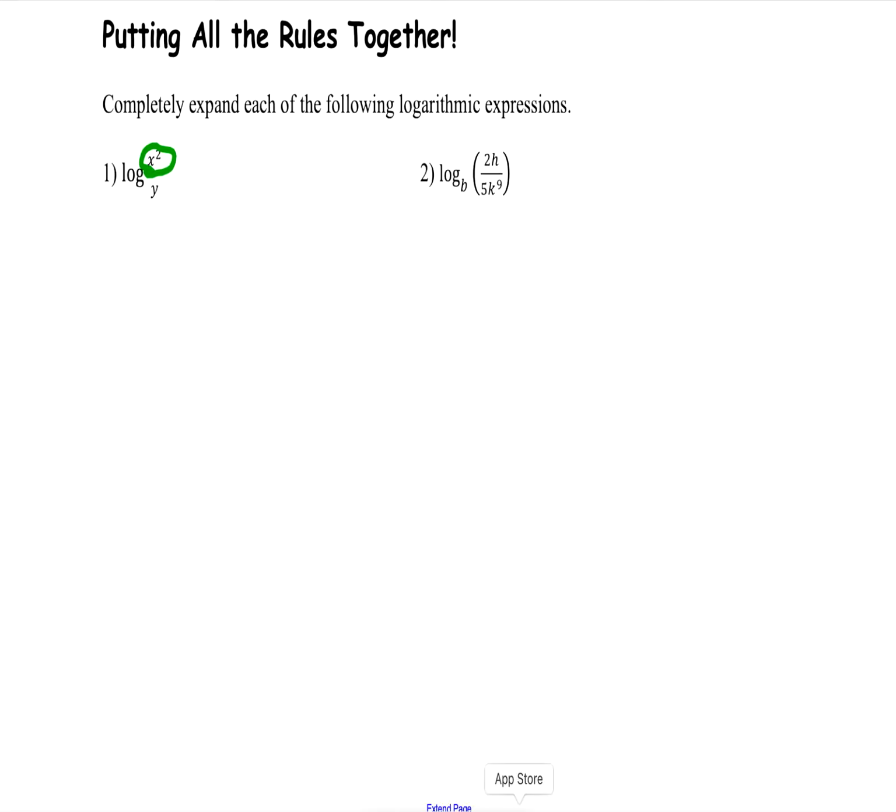So we're not going to want to bring the 2 out the very first thing, because it's not happening to the entire argument. What you're going to want to do first is split this up into 2 logarithms that are being subtracted. So that would be log of x squared minus log of y.